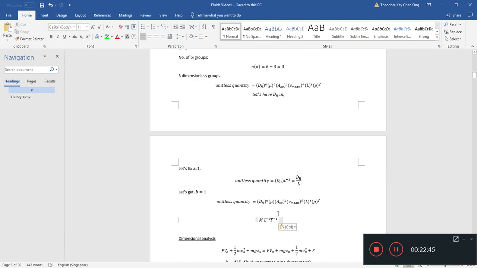So we want the unitless quantity to be some function of mu, which is in mass per length per time, to the power 1.